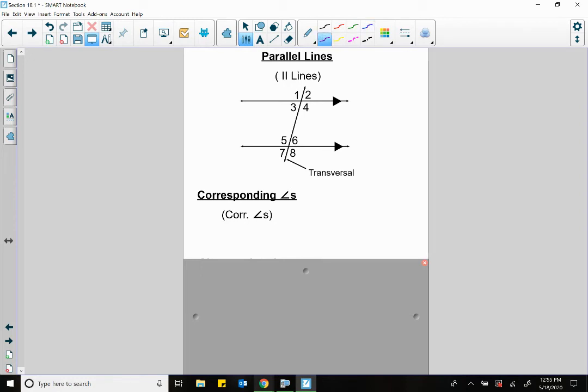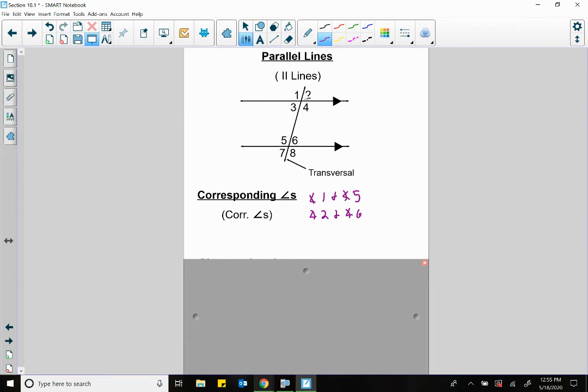So corresponding angles. Let me give you examples of these. Angle 1 and angle 5 are corresponding. Angle 2 and angle 6 are corresponding. So what are corresponding? Here's how I kind of deal with those. Corresponding angles are 2 angles that are in the exact same position. Angle 1 and angle 5 are both in the exact same position.